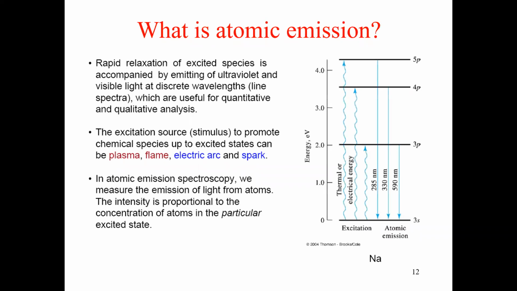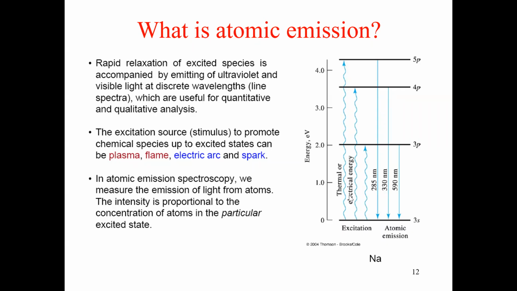Remember, you know atomic emission. This diagram emphasizes what atomic emission is. First, notice you can excite atoms. This is excitation from the ground state. This is for sodium, the 3s orbital. You can excite them from the 3s to the 3p, or 3s to 4p, 3s to 5p, and so on, using thermal energy or electrical energy.